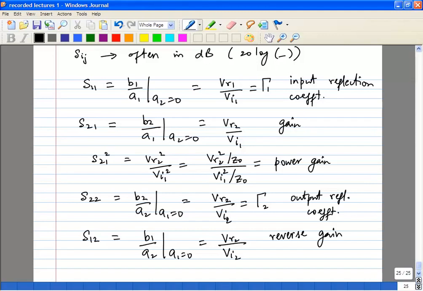And if your system has a lot of gain, you want S21 to be large. You want to get as much gain as possible from your system. And of course S12, which is your reverse gain, usually if you look at amplifiers or normal systems, you want them to have a gain in the forward sense, but you want the reverse gain to be as low as possible, because as we'll see later, that also leads to instabilities.